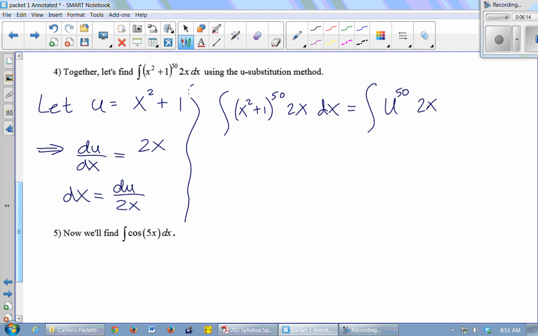But then I have to replace my dx with du over 2x. And oh, how magical it is. The 2x's cancel. And then I just have to take the integral of u to the 50th du, which is super easy now. Just do the reverse power rule.